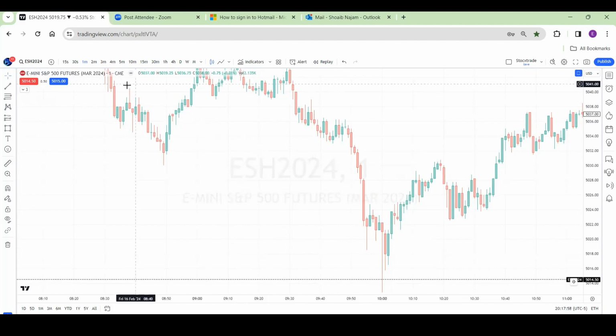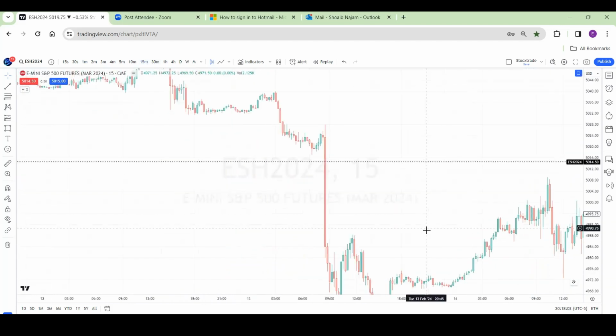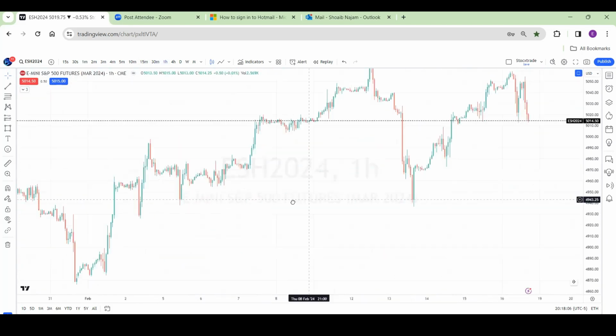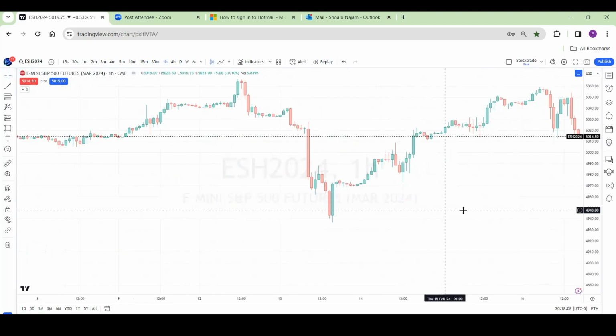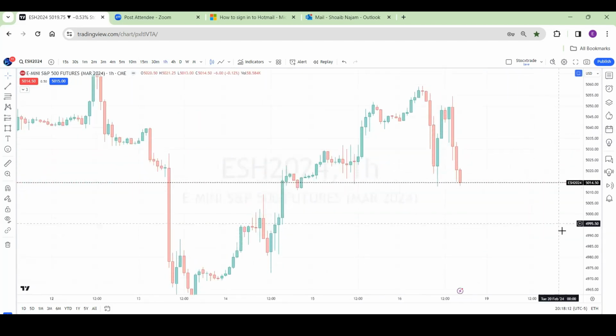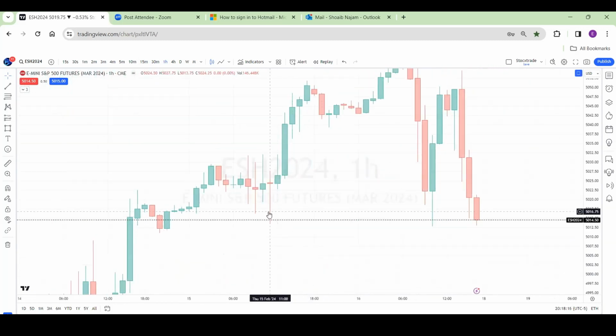Like here, if I see that in 15 minutes, 30 minutes or 1 hour the market was dropping, see the 1 hour chart. This was yesterday and this was the low.